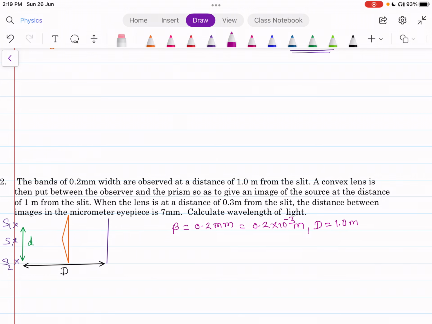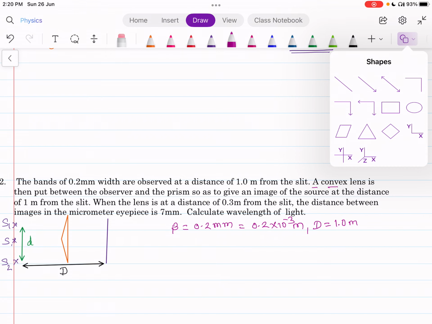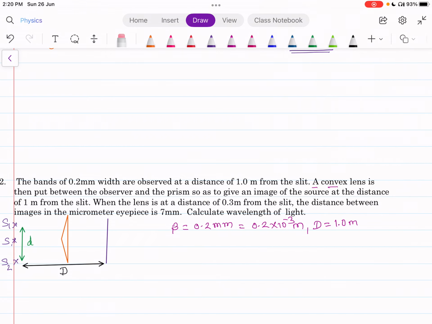Then let's read it further. A convex lens is then put between the observer and the prism. So in this case, there is a convex lens in between the prism and the screen, so as to give an image of the source at a distance of 1 meter from the slit.